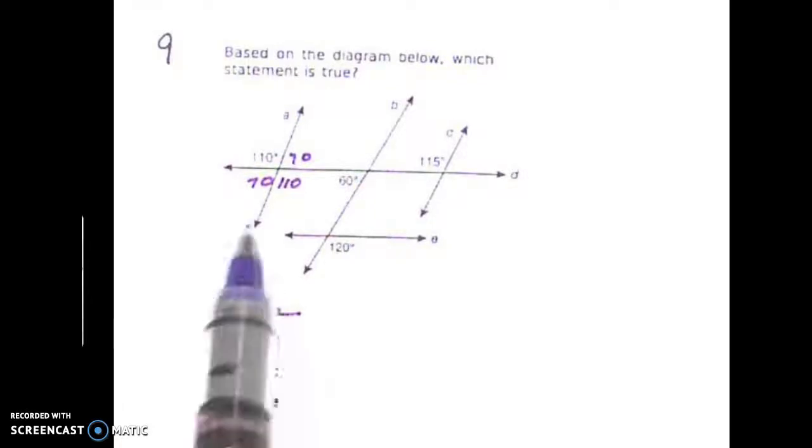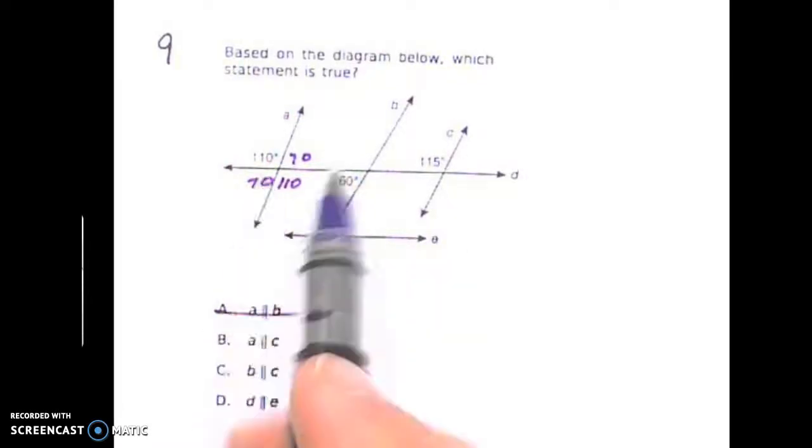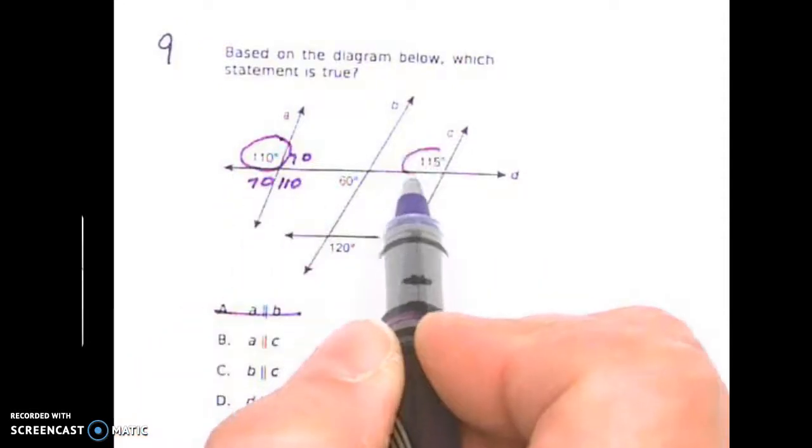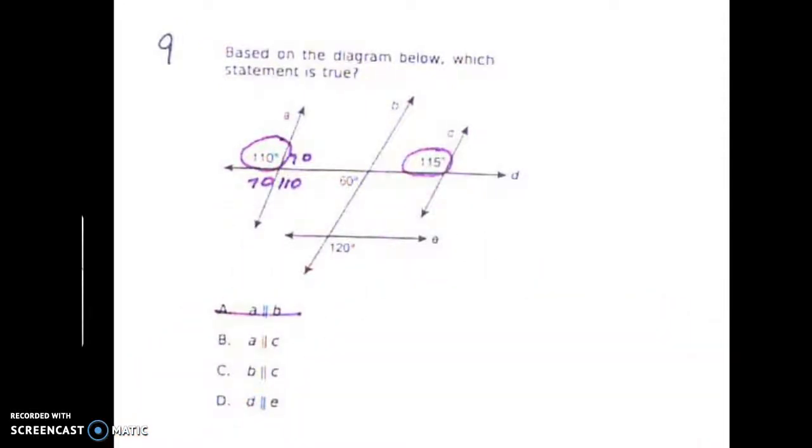If I look at A and C, I can tell that I have a 110 degree angle here. In a corresponding location, I have a 115 degree angle. Those two angles are not congruent, so I can tell that line A is not parallel to line C. My next choice is line B with C. If I'm looking at B and C, I need to get some angle relation that's together.